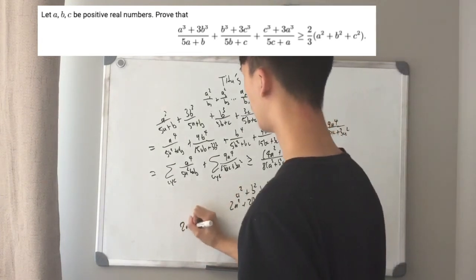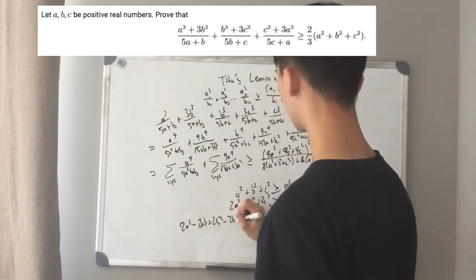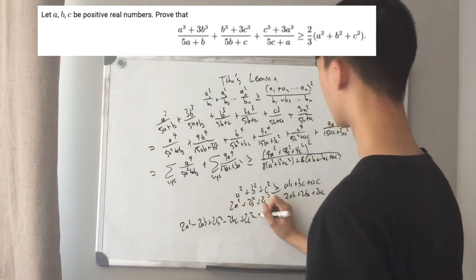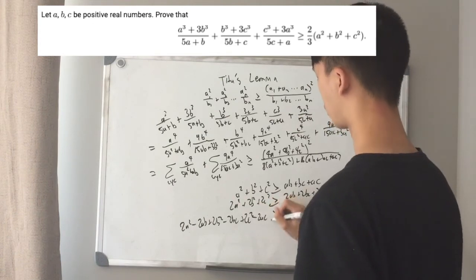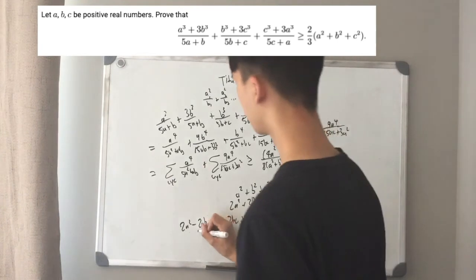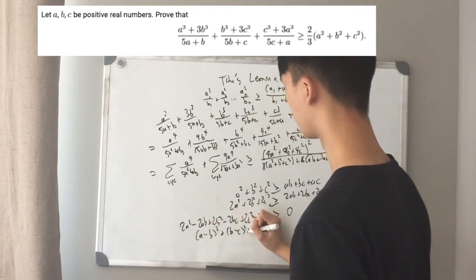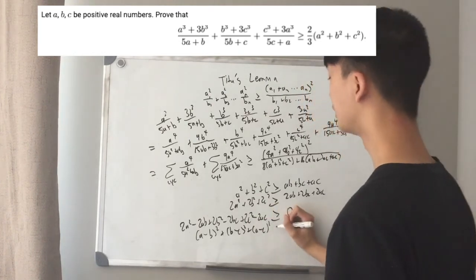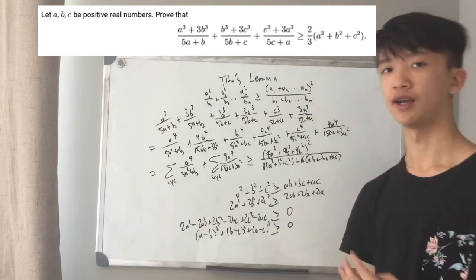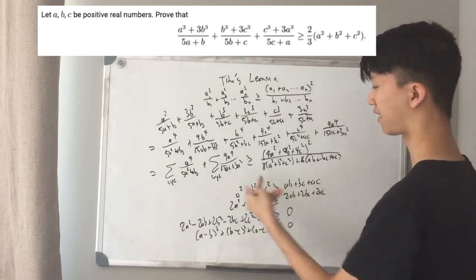So we get 2a squared minus 2ab plus 2b squared minus 2bc plus 2c squared minus 2ac is greater than or equal to 0. So now we can start factoring these terms. So we get that (a minus b) squared plus (b minus c) squared plus (a minus c) squared is greater than or equal to 0. And since all real squares must be nonnegative, this statement is true, and so we have proven this.